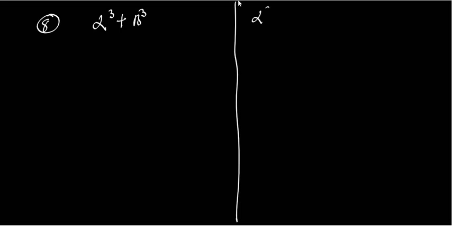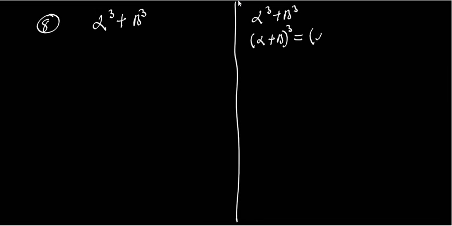So the 8th one is alpha cubed plus beta cubed. In here, what is the identity of that? The identity of that came from this part, the cube here, right?